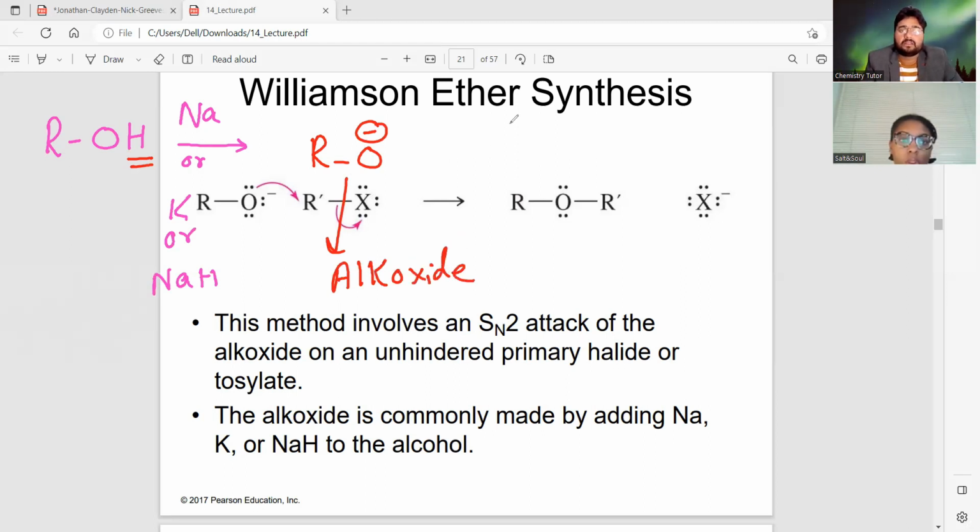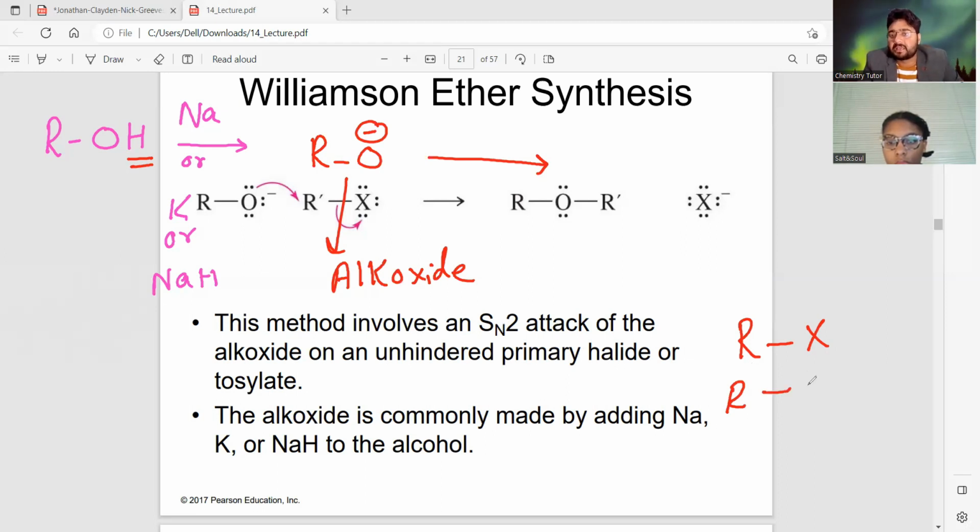In the second step of the mechanism, this alkoxide will react with an alkyl halide. What is an alkyl halide? RX. This functional group is called alkyl halide. This R could be anything: methyl, ethyl, propyl, butyl, any alkyl group. While this X could be a halogen, and halogens include fluorine, chlorine, bromine, and iodine.